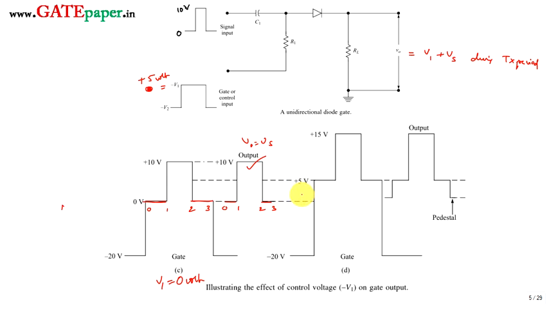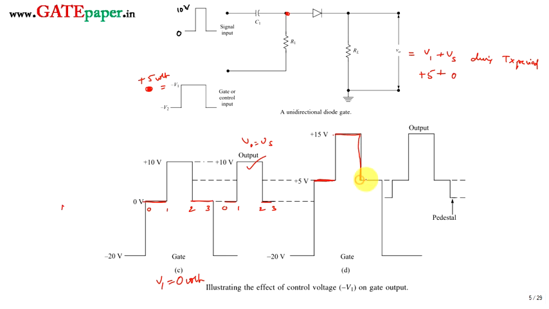During the transmission period, the diode is forward biased. Even though the signal is not applied, V1 is at plus 5, so the output will be at plus 5. When the signal is applied, it is superimposed on the control voltage, so 10 plus 5 goes to 15.